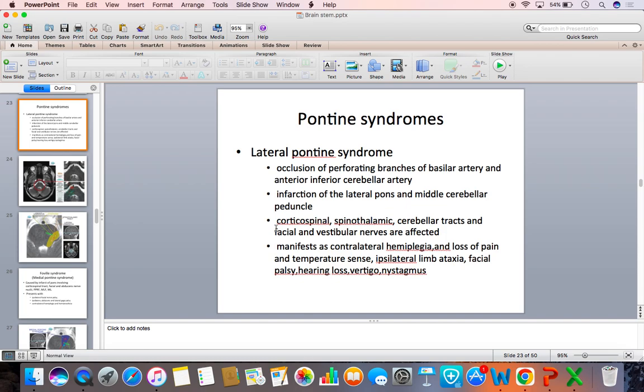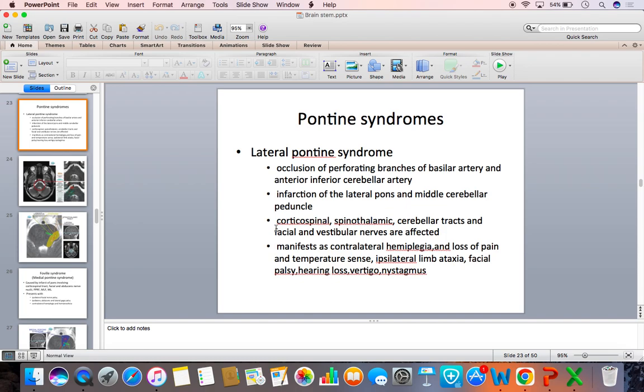This clearly says the patient is suffering from injury to the facial nerve, injury to the vestibulocochlear nerve, and some cerebellar signs due to involvement of the cerebellar peduncle.